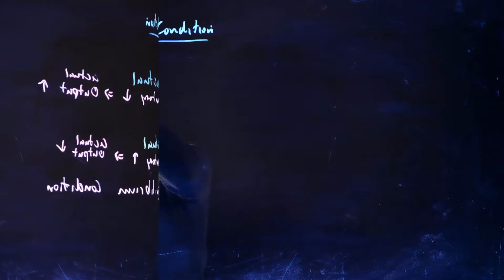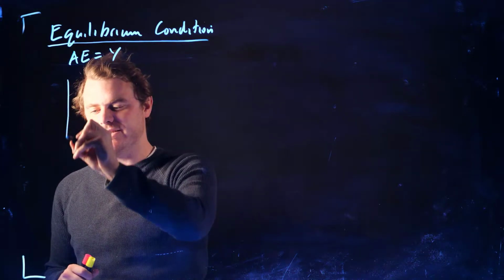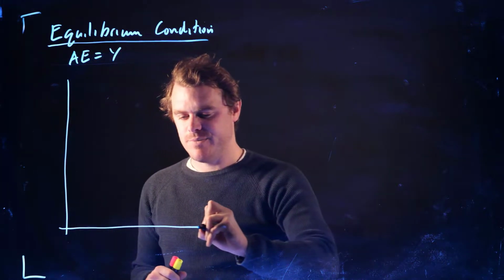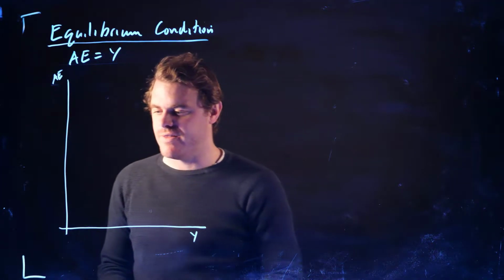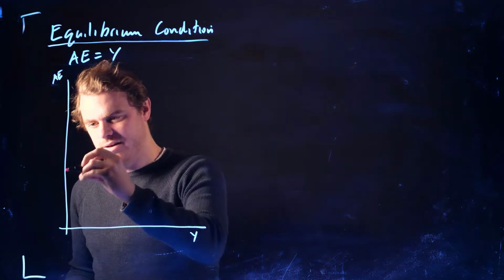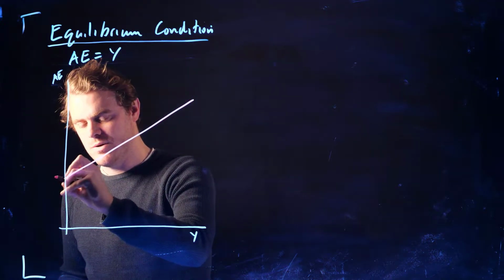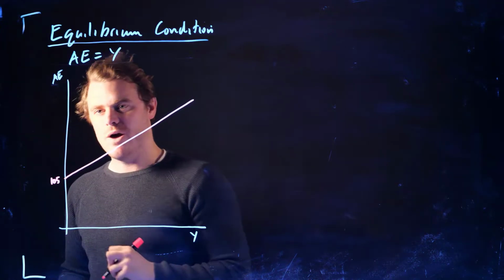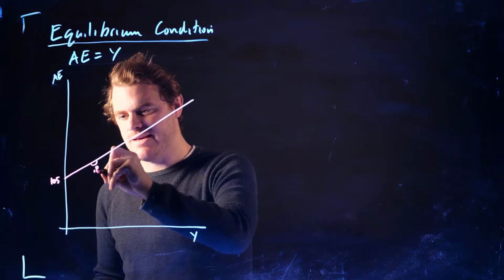All right, so our equilibrium condition we just talked about is AE being equal to Y. If you remember our example, we had AE on the y-axis and Y on the x-axis, conveniently. We had our AE function, which had an intercept of about 105 and a slope of 0.8.